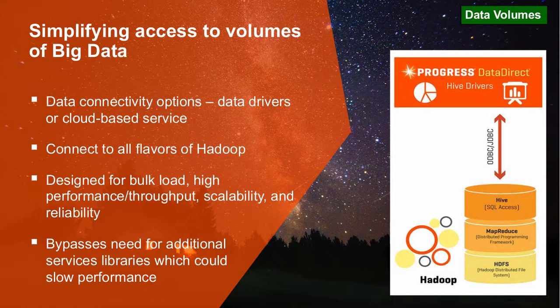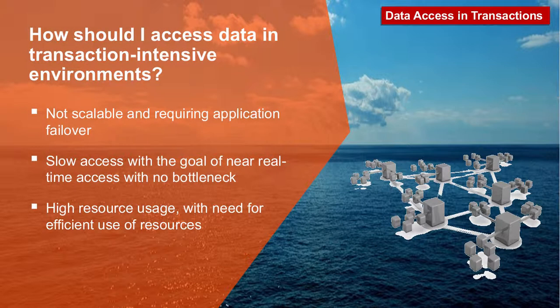The data that ends up in Hive gets there by using MapReduce on Hadoop distributed file systems in order to filter the right data. And since Hive is SQL-oriented, it's custom-made for accessibility and performance by our data drivers. So let's move on to the next challenge.